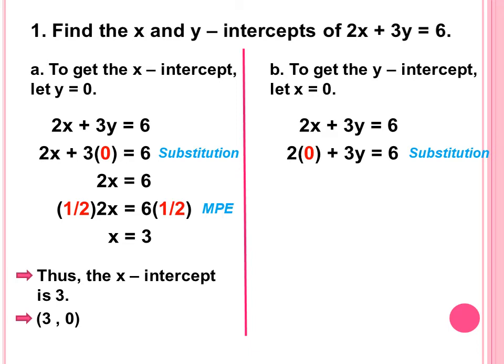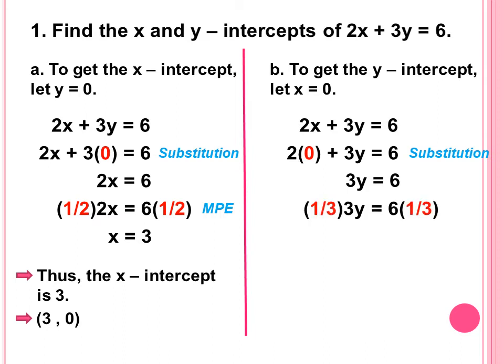Let us now simplify. 2 times 0 is 0. No need to write 0. So this will be 3y is equal to 6. Ano naman ngayon ang multiplicative inverse ni 3? That will be 1/3. So we need to multiply both sides of the equation by 1/3.